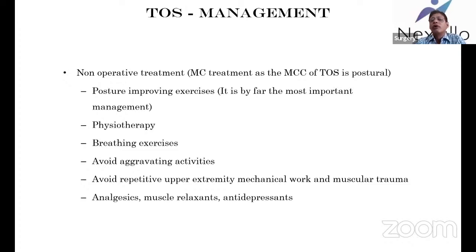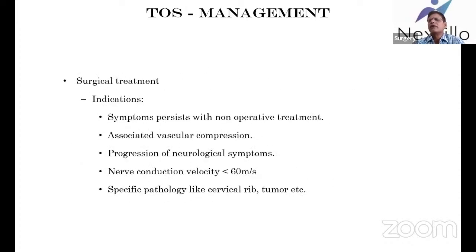When do we need to perform the surgery? Specifically, if there is a pathology present which can be removed using surgery, we will go with surgery. The indications of surgery in thoracic outlet syndrome: if the symptoms persist with non-operative management, if there is an associated vascular compression which may ultimately cause ischemic injury to the upper limb, go with surgery.